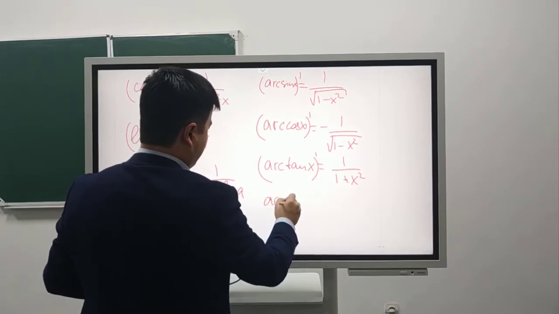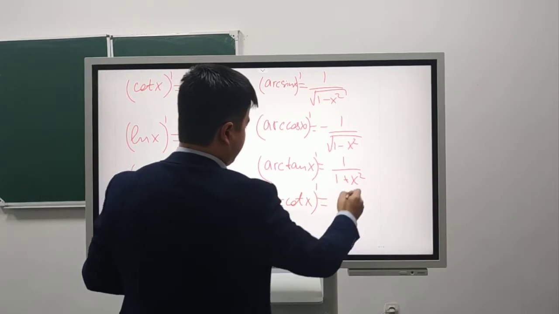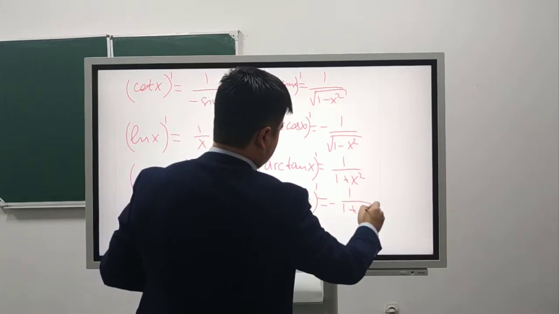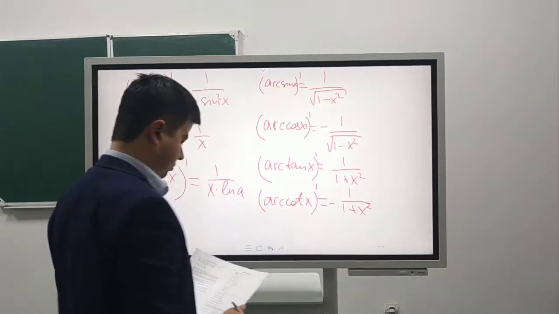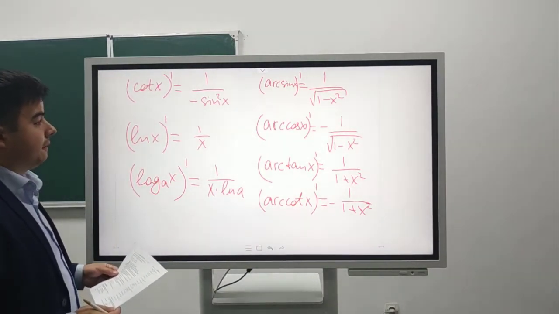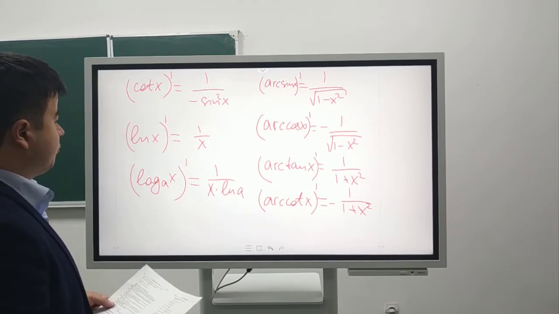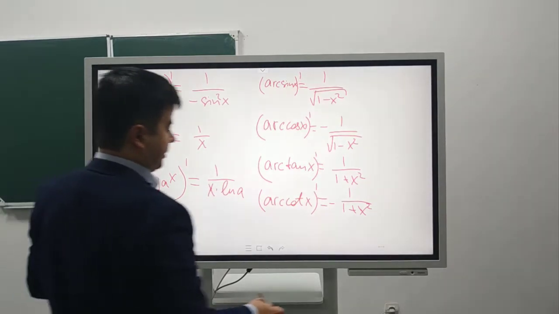And the arccotangent x, derivative of arccotangent, it is minus 1 over 1 plus x squared. I think this is enough for us now. And let's continue.